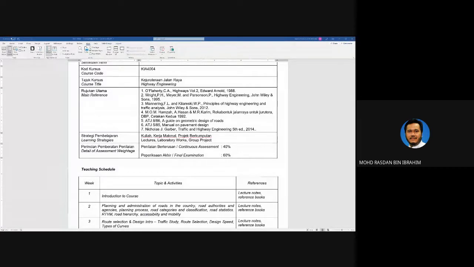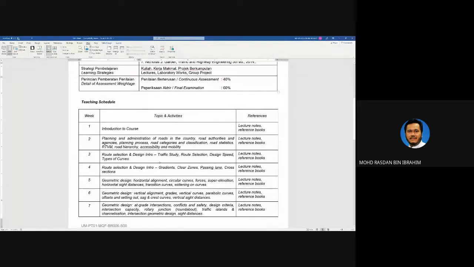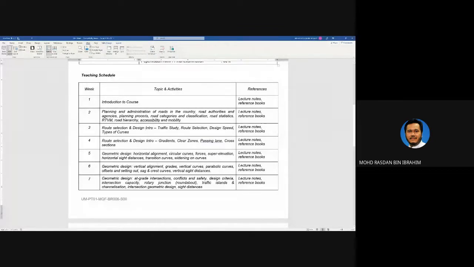All right. Next is your coursework. 40% is continuous assessment and 60% final exam. So this is our first week, introduction to the course. Next week we are going to cover planning and administration of roads: road classifications, road hierarchy, and so on.